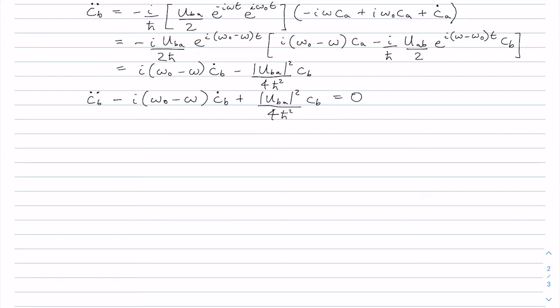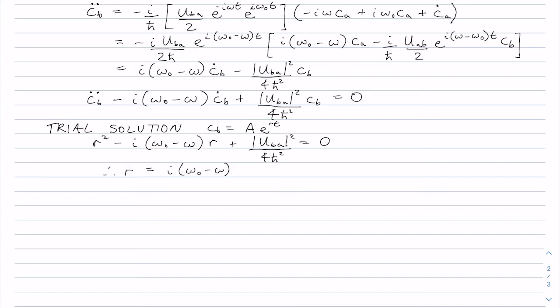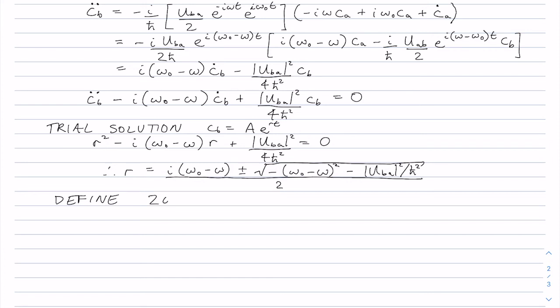We can solve this easily by using a trial solution, where A and r are just constants. To make our lives a little bit easier, I'm going to define this omega r, which is just the square root part.